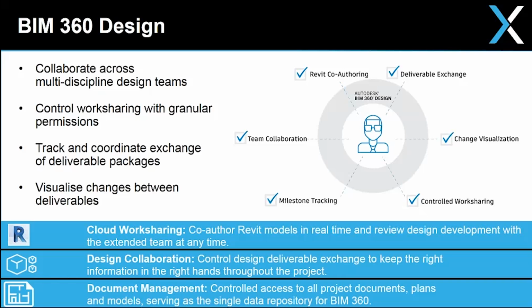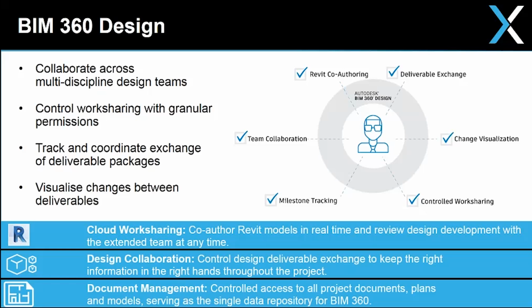We can track changes. This is actually quite a big change between Collaboration for Revit and BIM 360 Design. In Collaboration for Revit, as we shared models, those were immediately available to other people, and they impacted those if they had them linked into their Revit models.